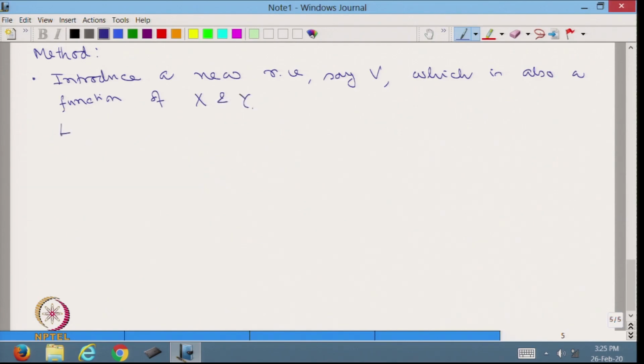So, let us call it v is equal to h 1 of x and y.